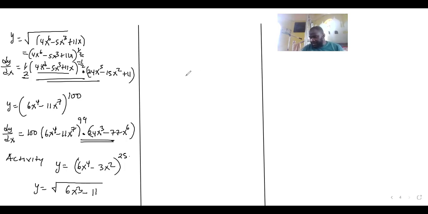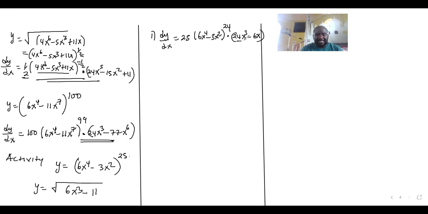Correct. Now, sometimes some people go ahead and simplify it as far as this. They say dy/dx is equal to 25 (6x^4 minus 3x^2)^24 times (24x^3 minus 6x).